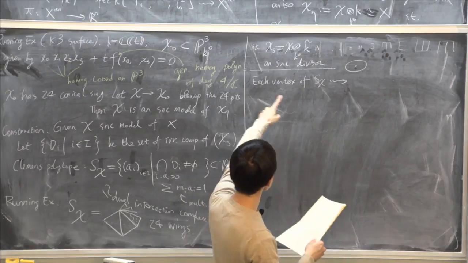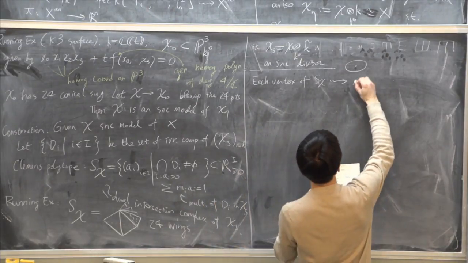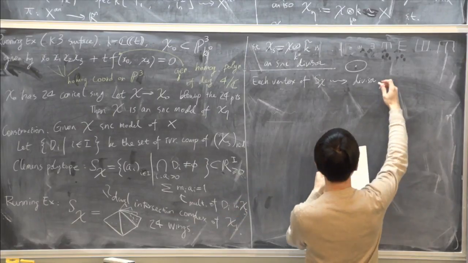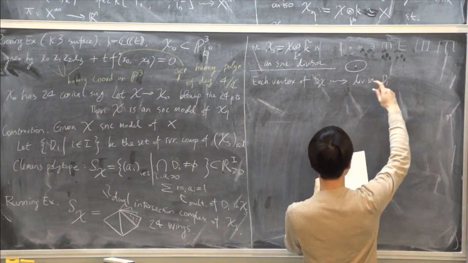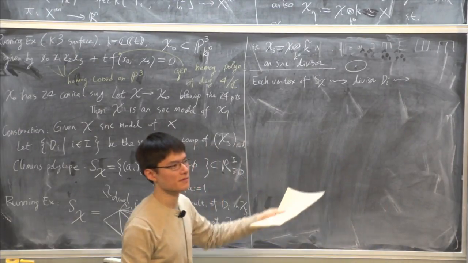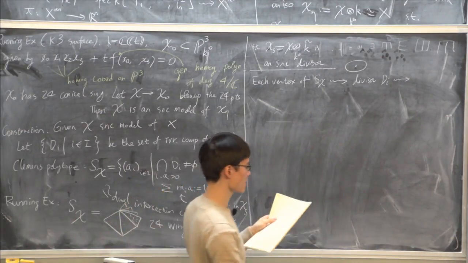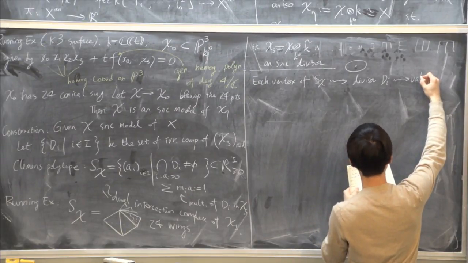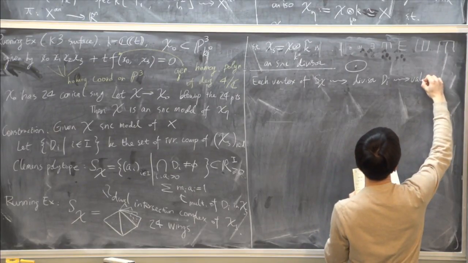So each vertex of Sx corresponds to a divisor, since by definition it corresponds to a divisor di. And when we have a divisor, we have a valuation given by the divisor on the algebra of rational functions.